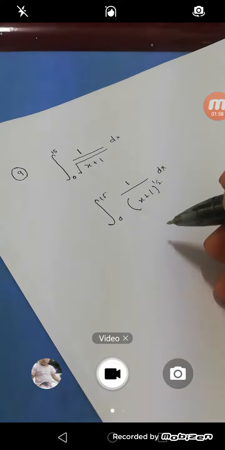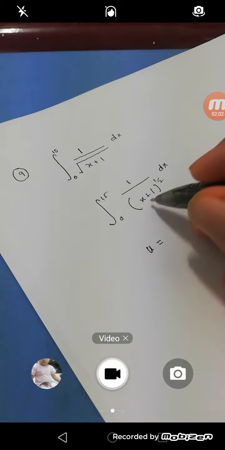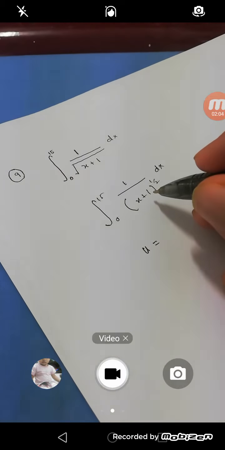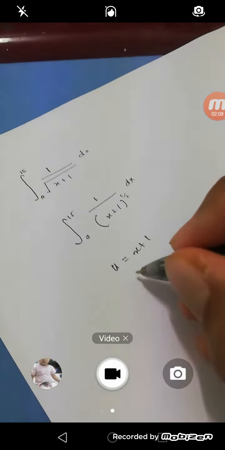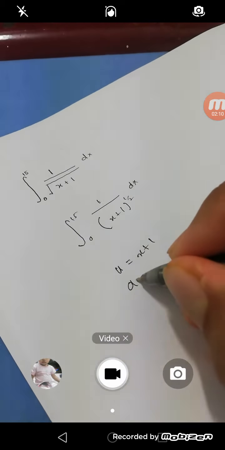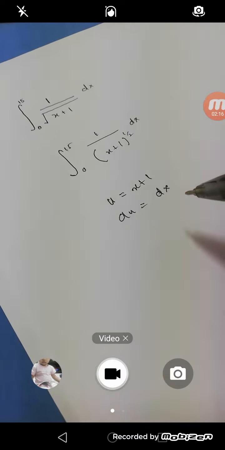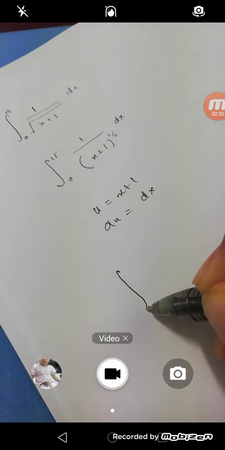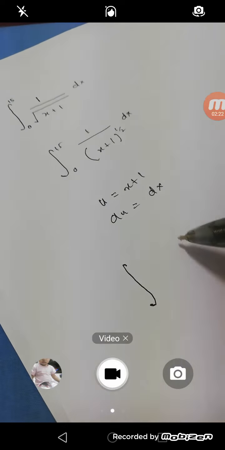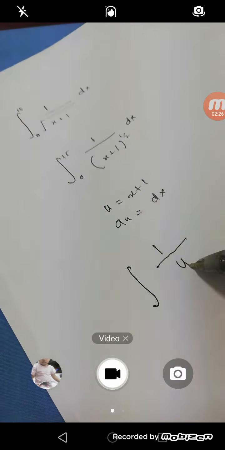So we are going to choose the value of u now. We see our bracket here is x plus 1, so just write it back: u equals x plus 1. Differentiate it, and we get du equals dx, because differentiating x gives 1. So it's time for us to change everything into u. Integrate 1 over u to the power of half.